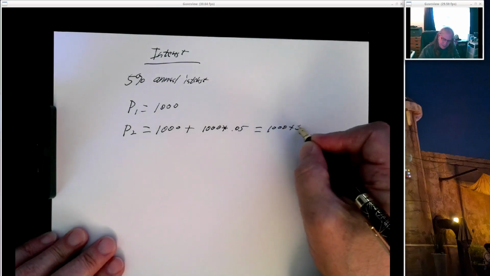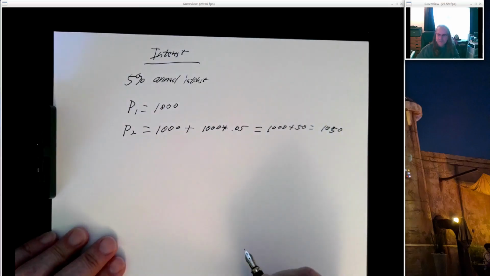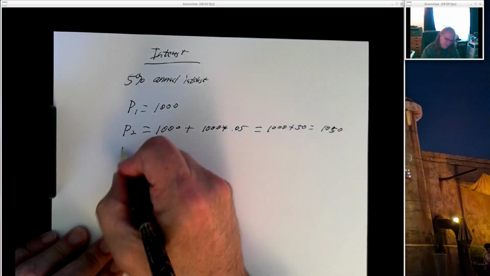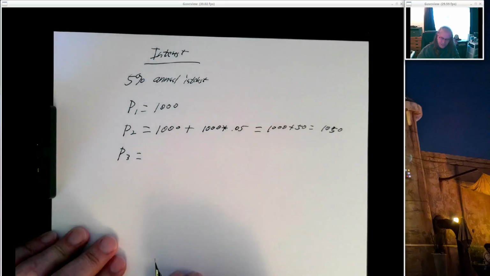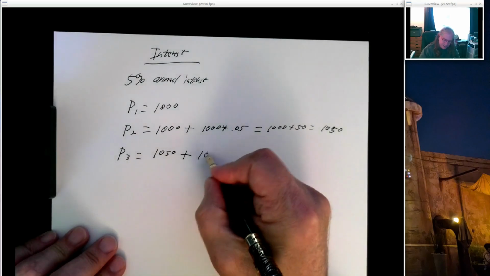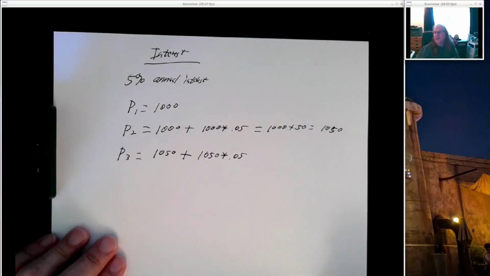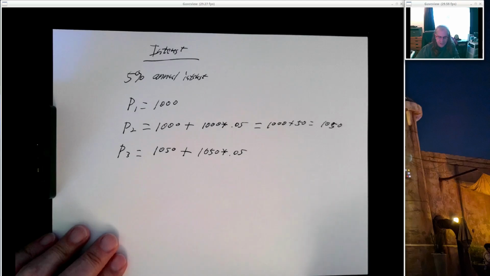So that's 1,000 plus 50, so you get 1,050. The next year, you have your 1,050 that you started with, plus you get 0.05 back on the amount that you had in the beginning of the year.